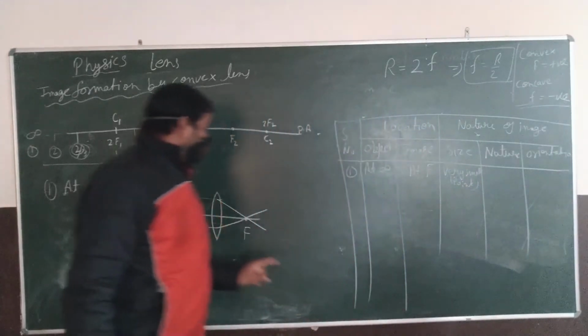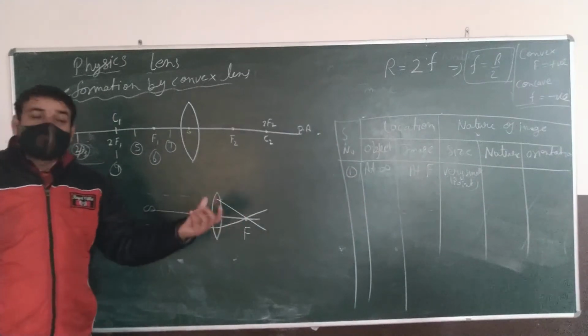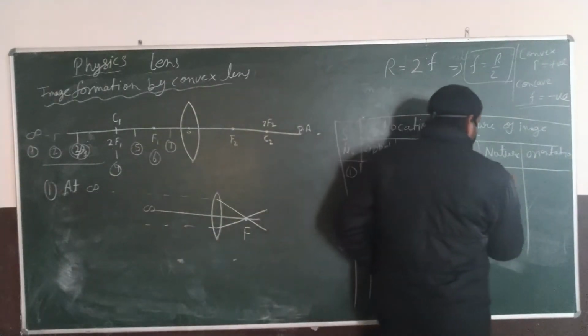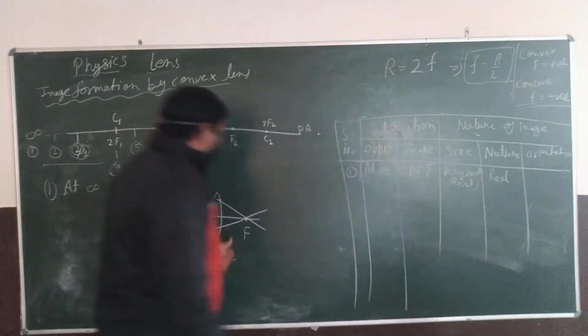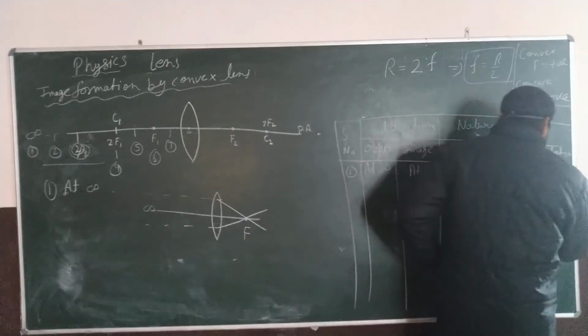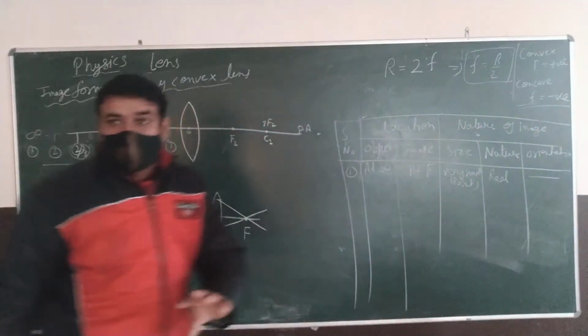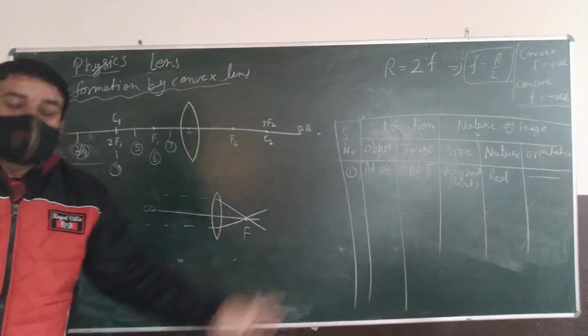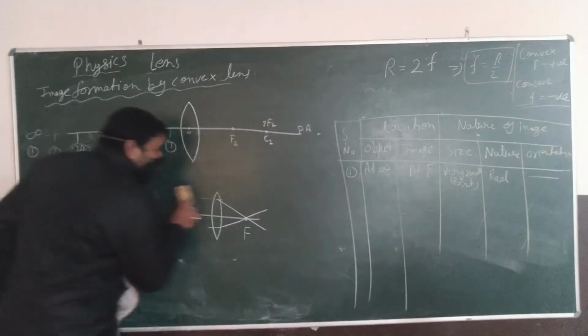Clear? Now, actual meeting or appear to meet? The answer is actual meeting, so it is real. Next, orientation. Here we cannot define the orientation of a point. We will write about the orientation after making some images. This is the first case.